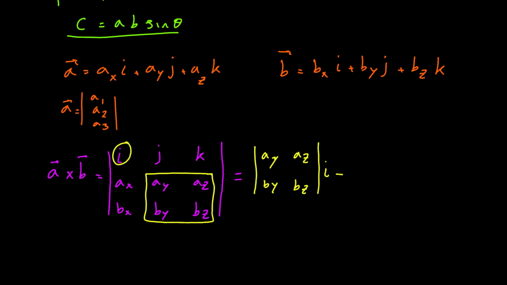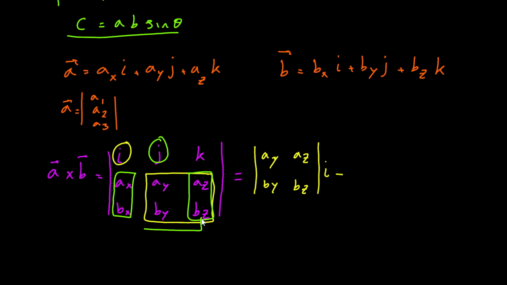minus. Now for the second part, I have the J. Cover that column and everything else in the row. So if I cover this column, all I'm going to be left with is that and that.